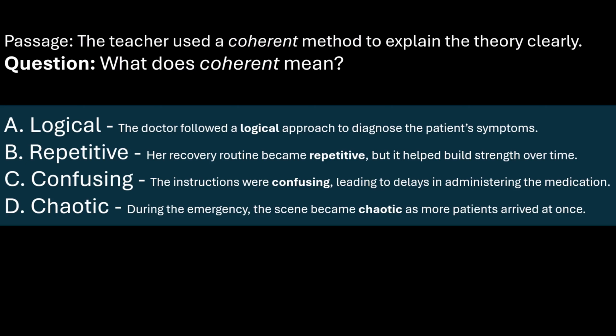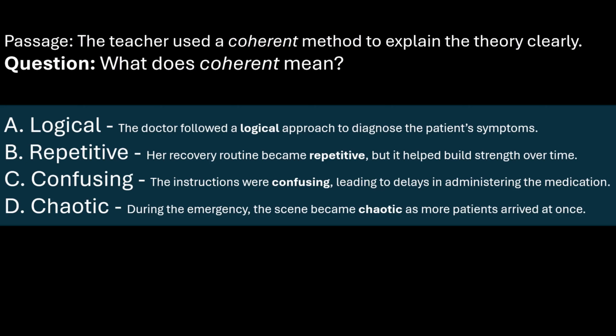Repetitive: her recovery routine became repetitive, but it helped build strength over time. Confusing: the instructions were confusing, leading to delay in administering the medication. Chaotic: during the emergency, the scene became chaotic as more patients arrived at once.